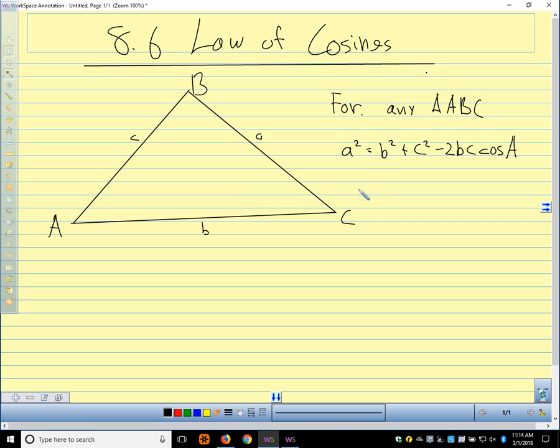So we could say b squared equals a squared plus c squared minus 2ac cosine B. And the last one, I'm going to move this capital C here. We get c squared equals a squared plus b squared minus 2ab cosine C.